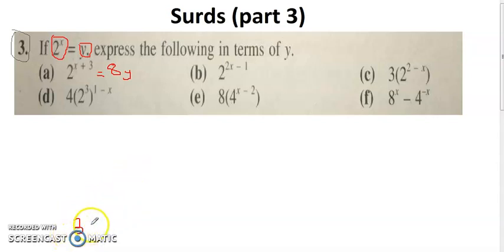For example, if it's 3 to the power 4 divided by 3 to the power 2, the division sign is between and the bases are same, the powers are subtracted. So 4 minus 2 is 2, therefore 3 to the power 2, right? So in this question also there's a minus sign, therefore it shows that this sum was divided, right? So 2 to the power 2x upon 2 to the power 1, right?